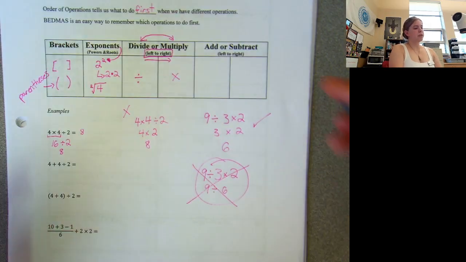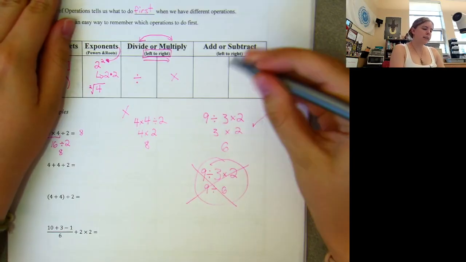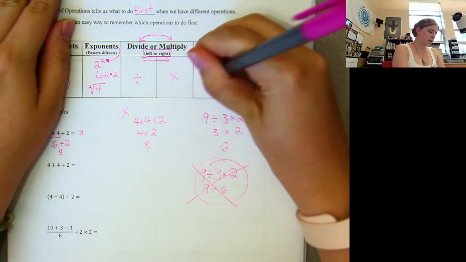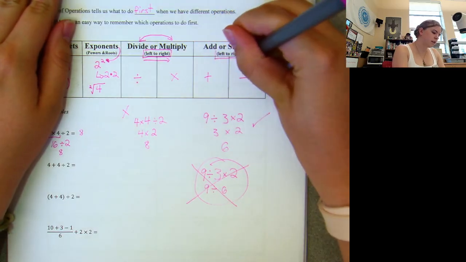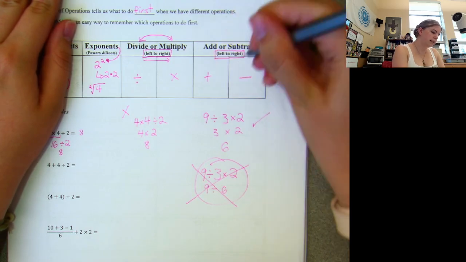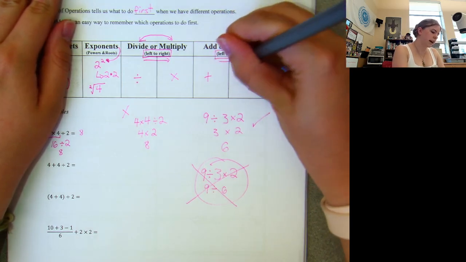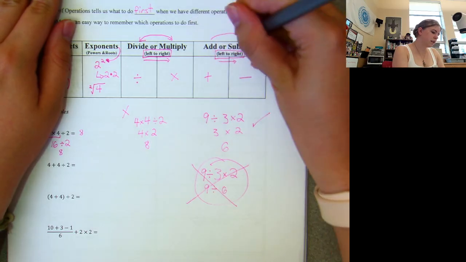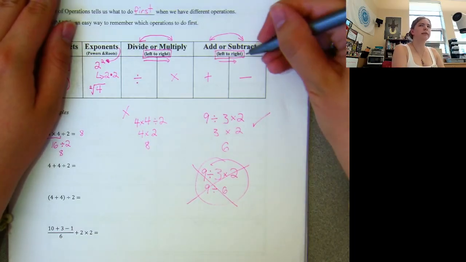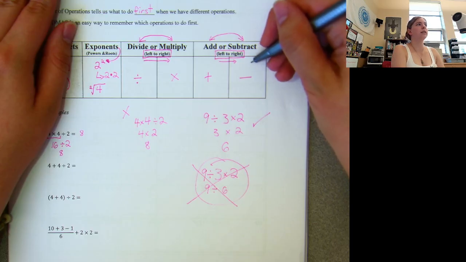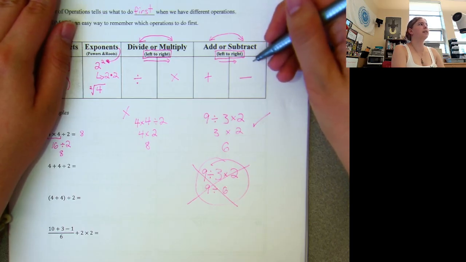So after division and multiplication, we do adding and subtracting. This we also, for ease, want to do left to right. If you want to know more about this left to rightness of adding and subtracting, you are welcome to talk to me afterwards.